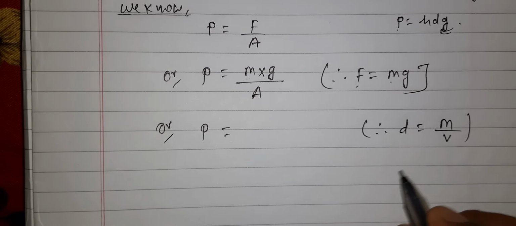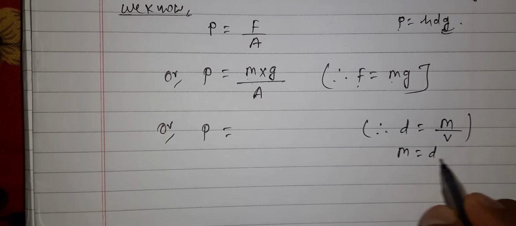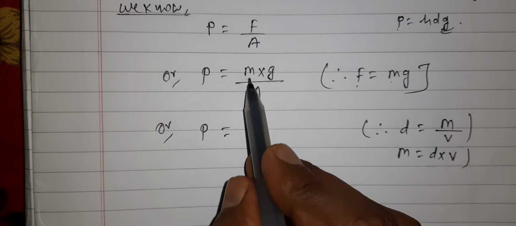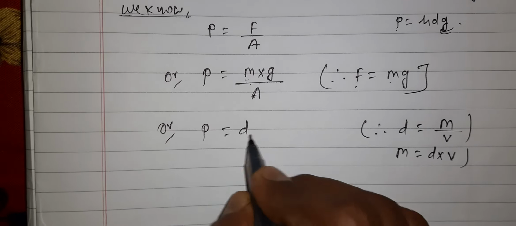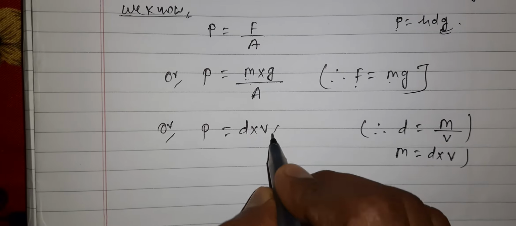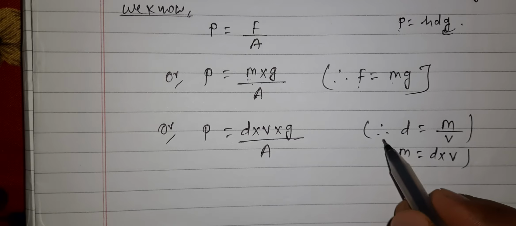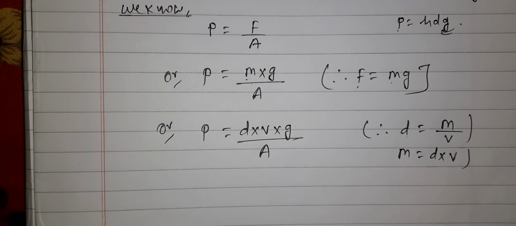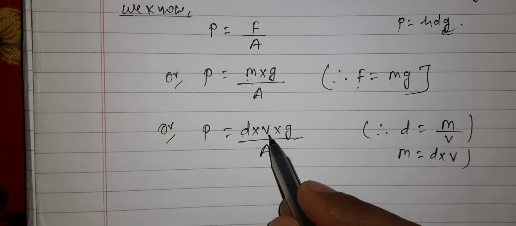So if we take the value of m from this formula, then we get d into v. So we can write, instead of m, d into v, so P is equal to d into v into g by A. And in bracket we write that density is equal to mass by volume. Clear? So instead of m we can write d into v.